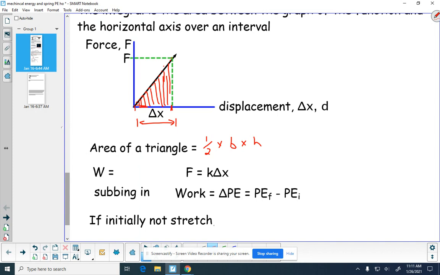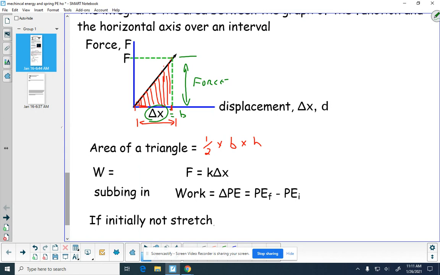Well, if we take a look, our base is delta x, and our height is some force at this last value.